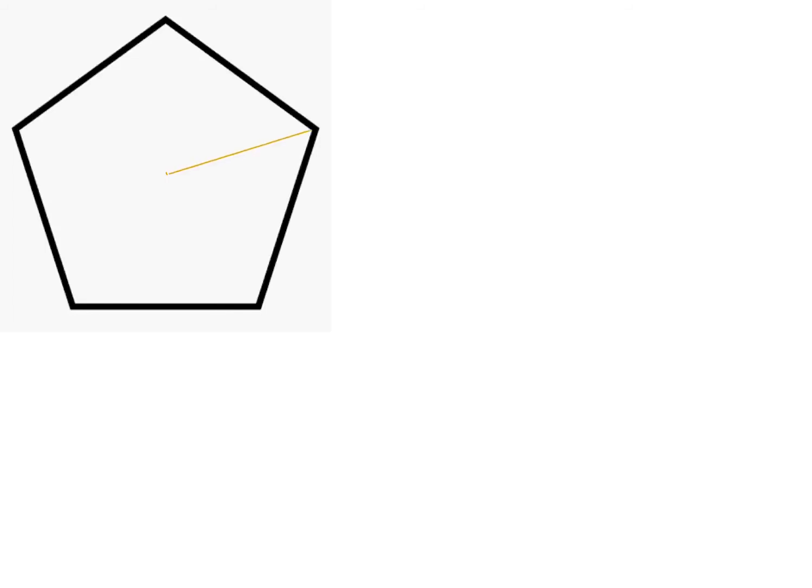So like this, like that, that vertice, and that vertice. Okay? I hope you can see, even though this is not perfect, that I just cut it into 1, 2, 3, 4, 5 equal triangles. So if I can find the area of one of these triangles, I can then multiply by 5, and I will get the area of the Pentagon.